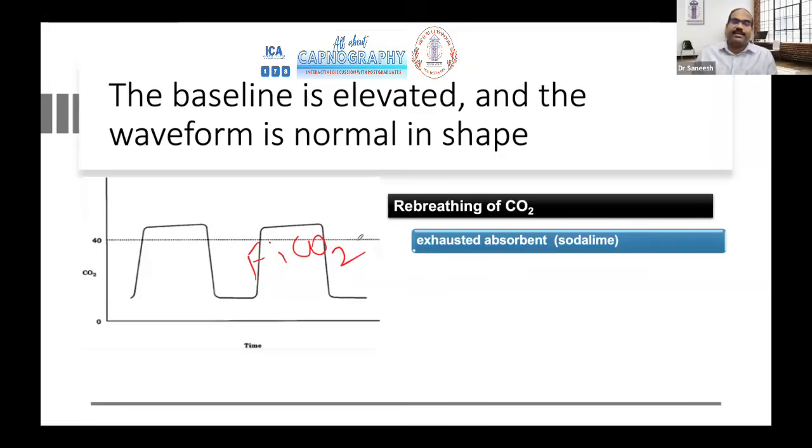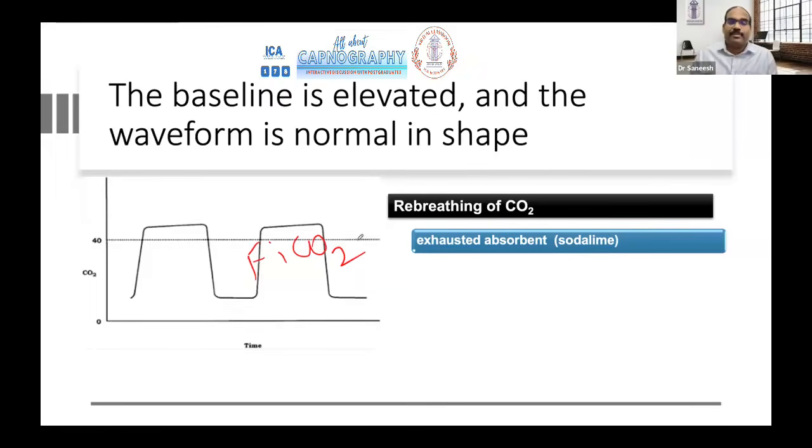Okay, how does it work? When you increase the flow, how does the rebreathing reduce? When we increase the flows to more than the minute ventilation, the whole of the volume within the circuit is flushed off after every breath. So rebreathing of carbon dioxide can be minimized because fresh flows are coming for each breath. Yeah.